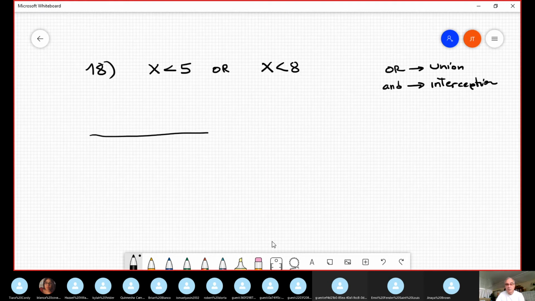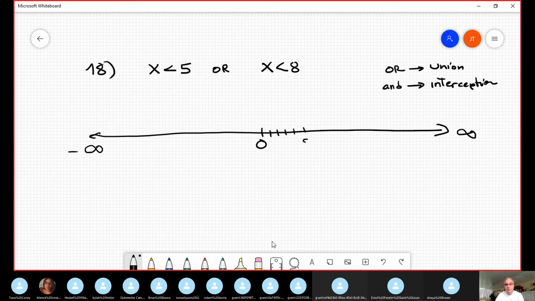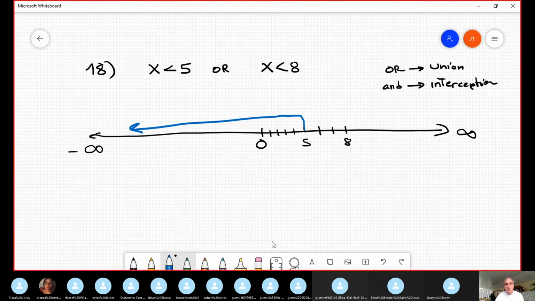I put the number line. This is my number line: positive infinity, negative infinity, 0 in the middle, 1, 2, 3, 4, 5, 6, 7, 8. The first is less than 5, which goes to the left.